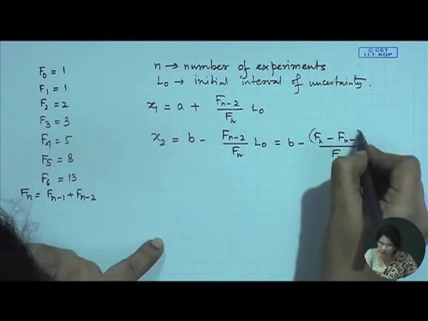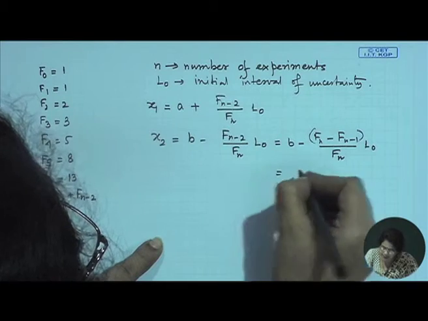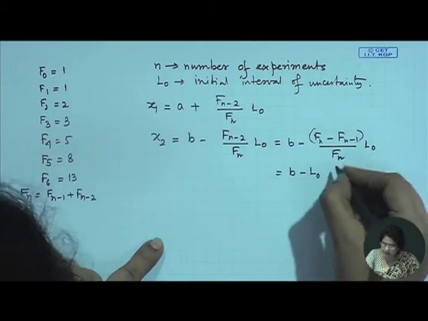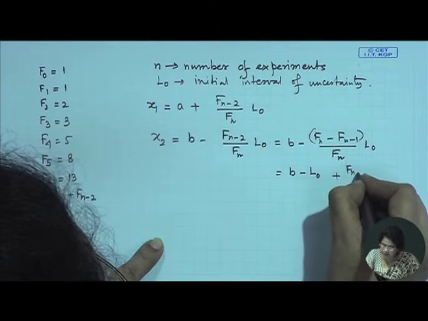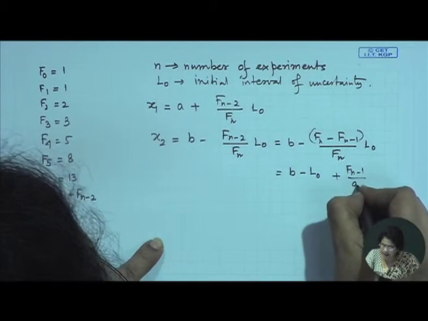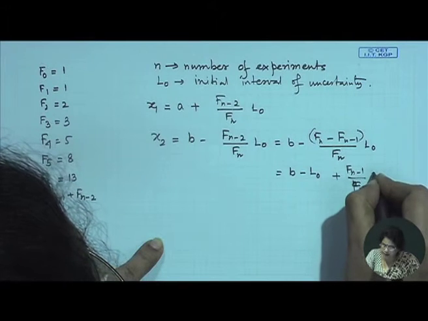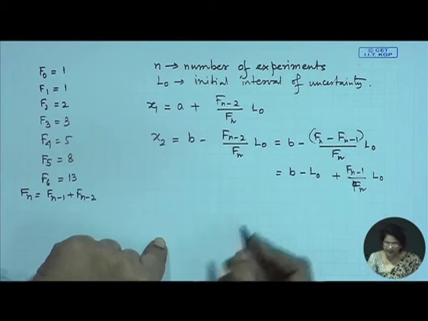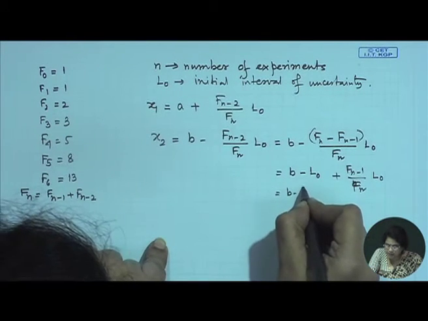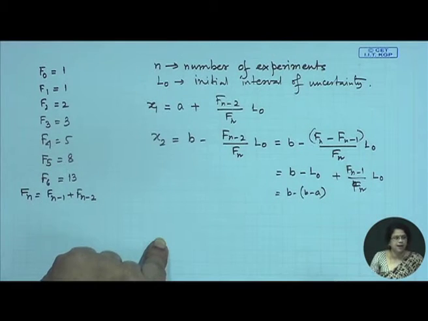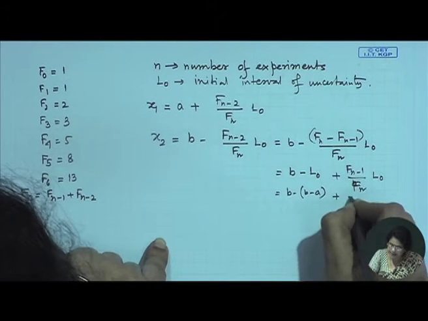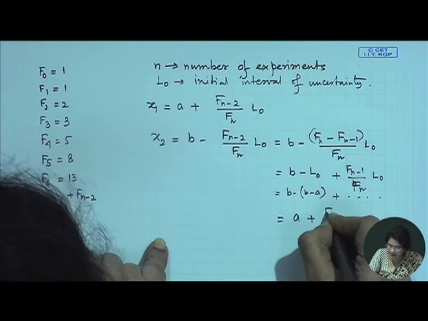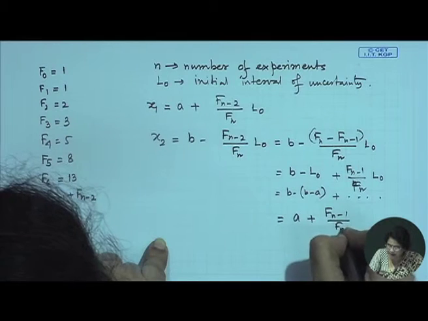I am just substituting this value. That is why from here we are getting b minus L0, alright, plus Fn minus 1 by Fn L naught. What is my b minus L naught? L naught is equal to b minus a, plus this term. That is why b will cancel, I will get a plus Fn minus 1 by Fn L naught.